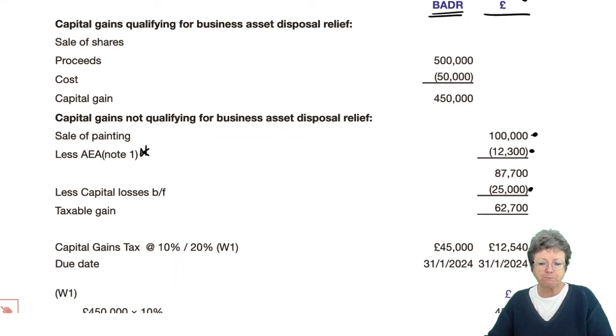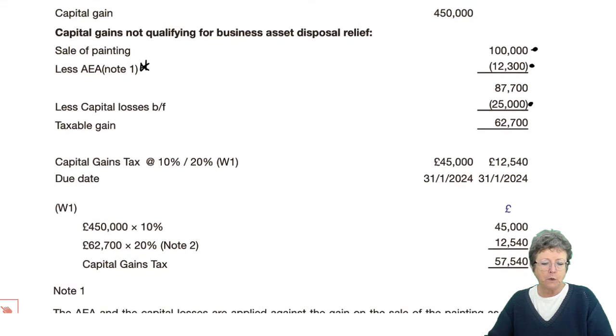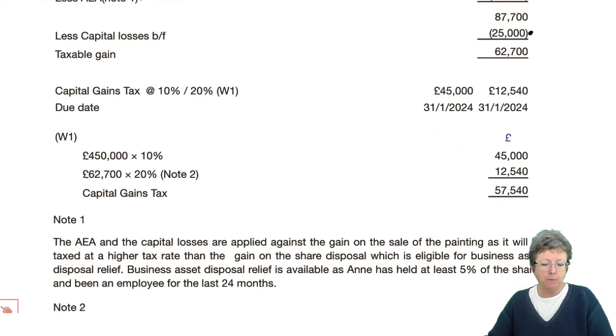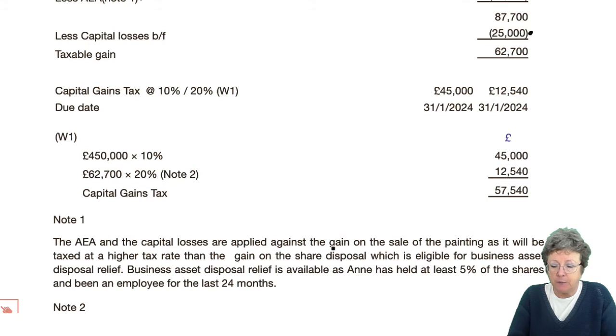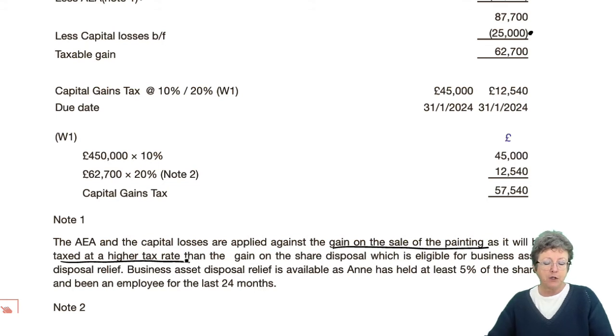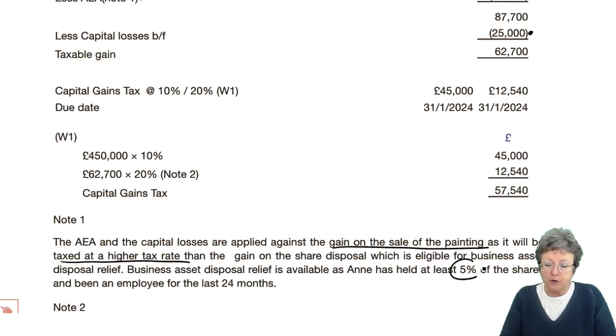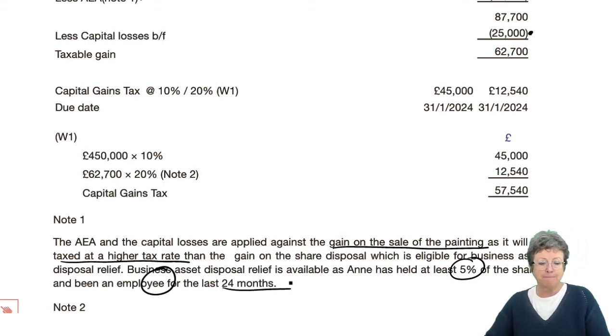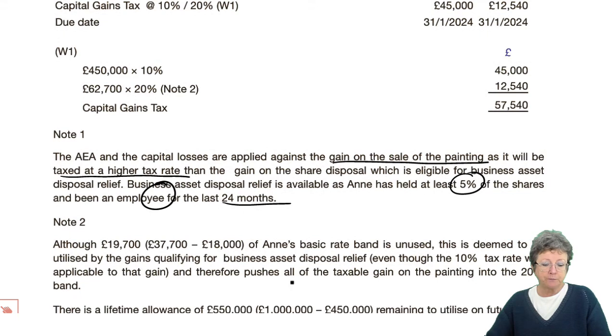Now, working number 1, note number 1. Let's just go through this just to reiterate this. So the AEA and capital losses have been applied against the gain on the sale of the painting, as it will be taxed at the highest rate. Okay. She can have BAD relief because we discussed the fact that she owns more than 5%. She has been an employee and she has been there for more than 2 years. Note 2.